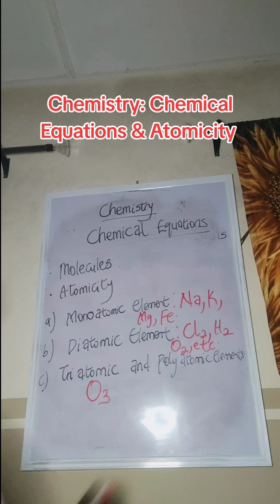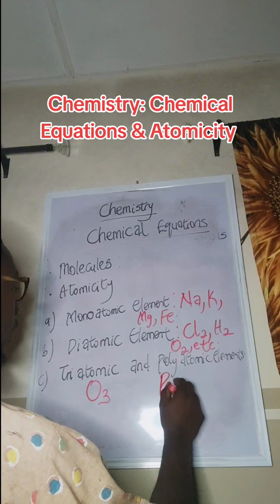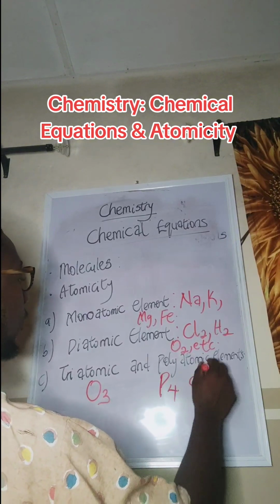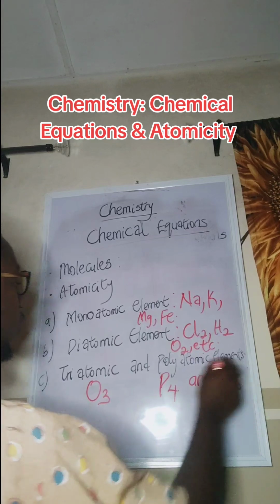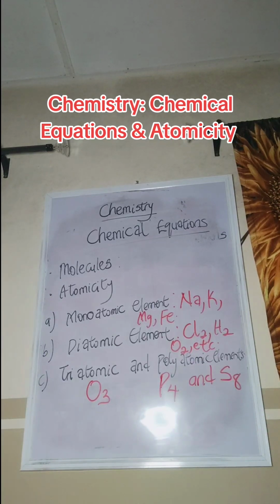Examples are phosphorus and sulfur. So these are the atomicity. From here we can easily write our chemical equations.